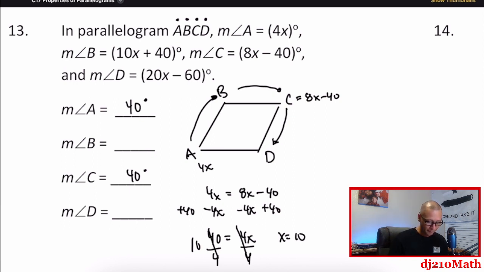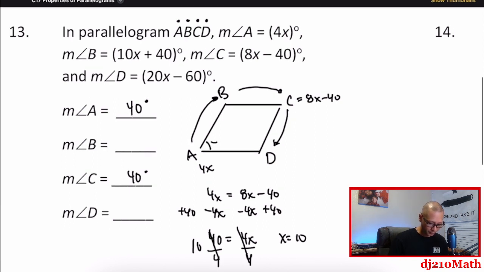So if this is 40 and this is 40, there are 360 degrees in a quadrilateral. So that means 360 minus 80 is 280. These together must be 280, and they're congruent. So 280 divided by 2 is 140.